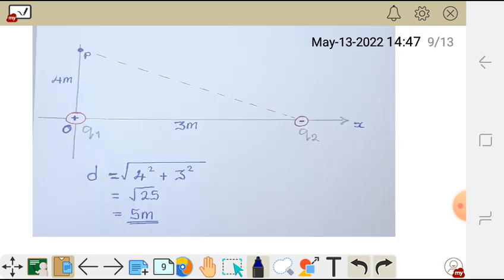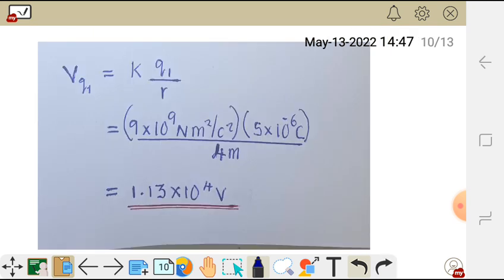So the potential due to Q1 on that point is going to be k multiplied by Q over r. And our k is simply the Coulomb's constant, which is 9 multiplied by 10 to the power 9 newton meters squared per coulomb squared. Then the charge Q1 is 5.